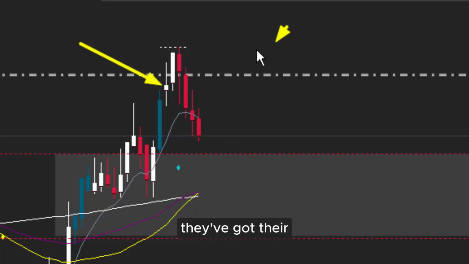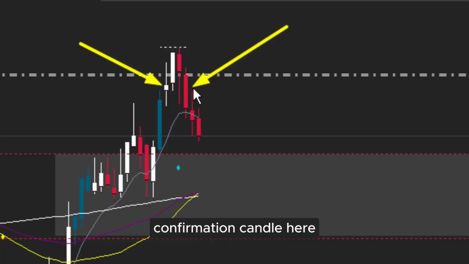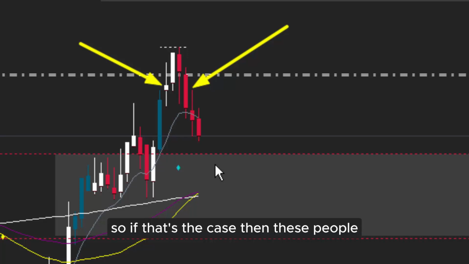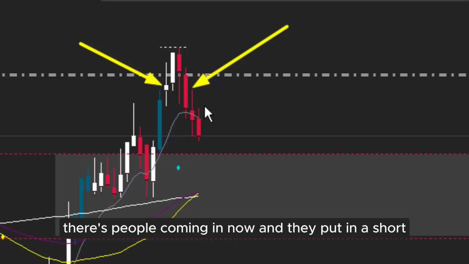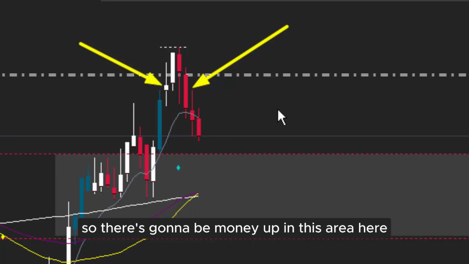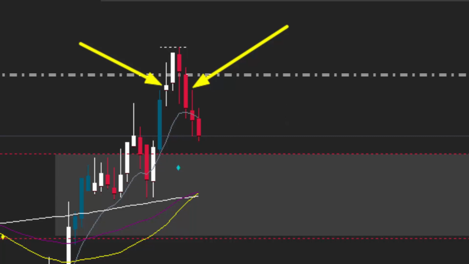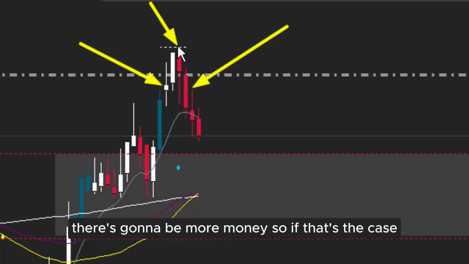They've got their confirmation candle here to enter the market on a short. So if that's the case, then there's people coming in now and they've put in a short. So there's going to be money up in this area here. Right here, there's going to be more money.